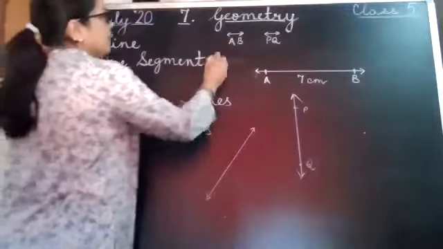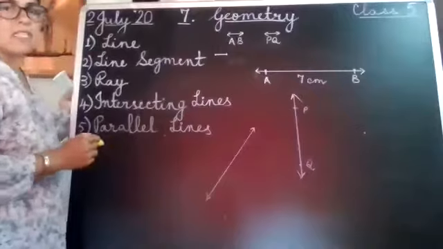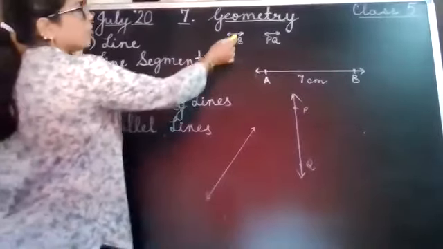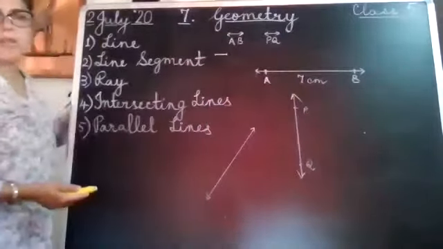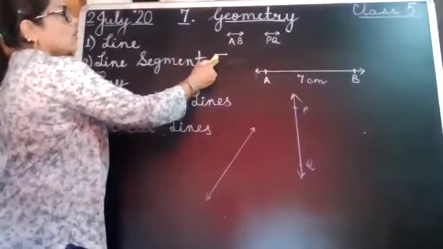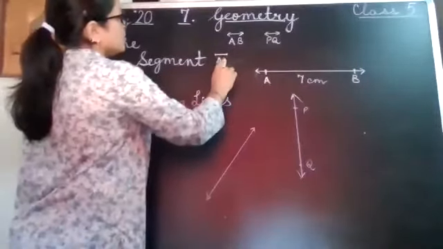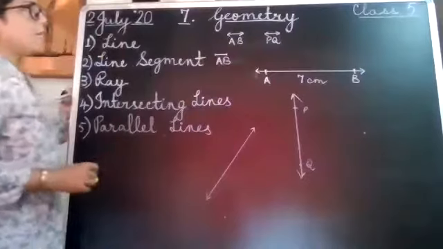So how would you write it? Now this is the symbol for a line segment. So you draw a small line segment over here, and that automatically becomes the symbol for line segment. So this is line segment AB.